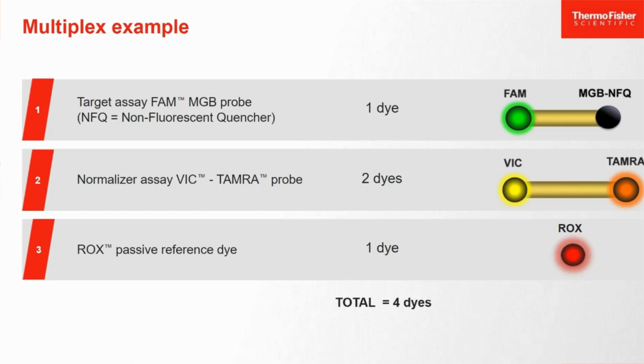It's not a dye. So far we have 1 dye. The normalizer, let's say, has VIC as the reporter, and the quencher this time is TAMRA. Now, TAMRA is a dye. So far we're up to 3 dyes, FAM, VIC, and TAMRA. And let's say I'm going to use a passive reference dye ROX. That's a 4th dye. So it's a duplex, but I have 4 dyes in my chemistry.